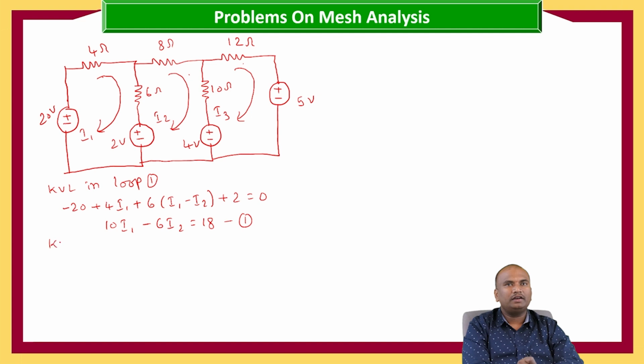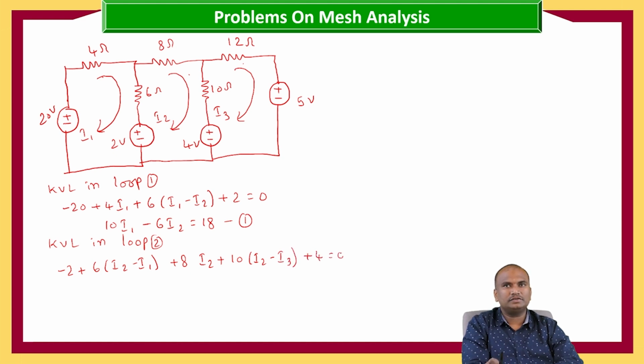Now KVL in loop 2, that is minus 2 plus 6 into I2 minus I1 plus 8 into I2 plus 10 into I2 minus I3 plus 4 is equals to 0.